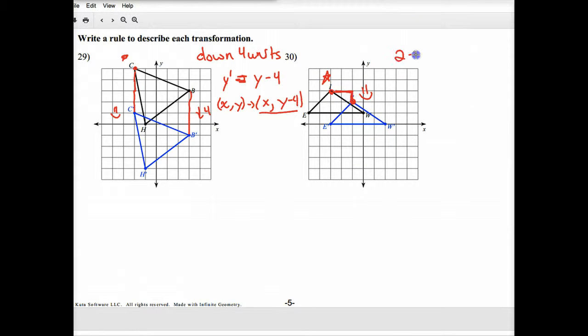So I'm going to go 2 to the right and then 1 down. Well, to translate that into numbers, that means that our x, y is going to become, well, 2 units to the right, that's just adding 2. And then 1 unit down, that's subtracting 1.